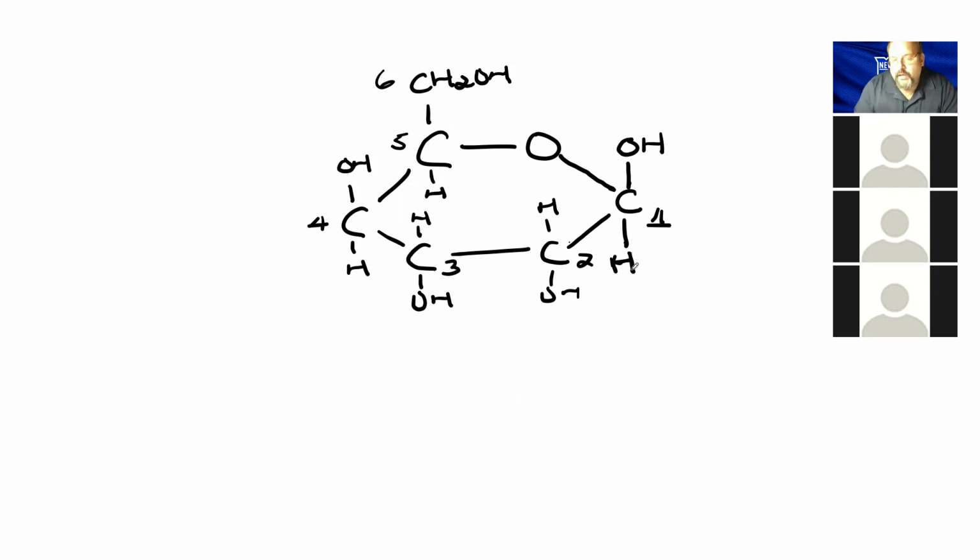And now, because the OH is going upwards off of the anomeric carbon right here, what anomer have I made here? This would be the beta anomer.